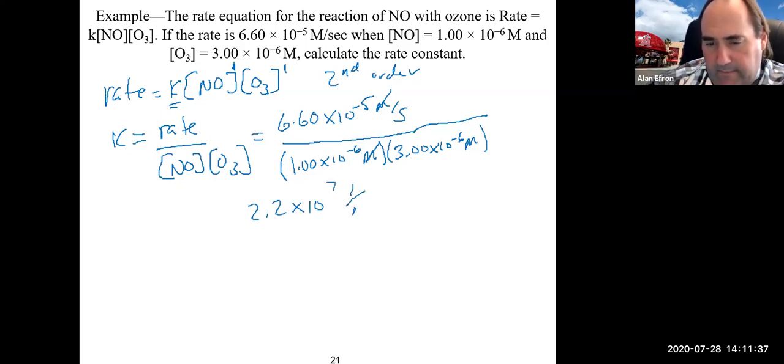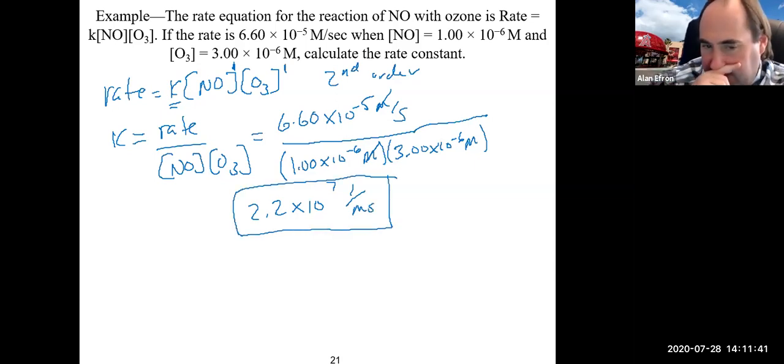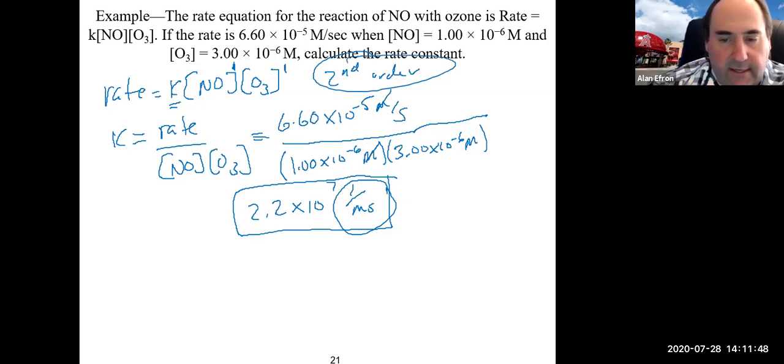Units are 1 over molar seconds in this particular case. Any questions on that? Again, our units here match our second order reaction. Okay. And that's a pretty big rate constant, which means probably the reaction is occurring pretty quick.